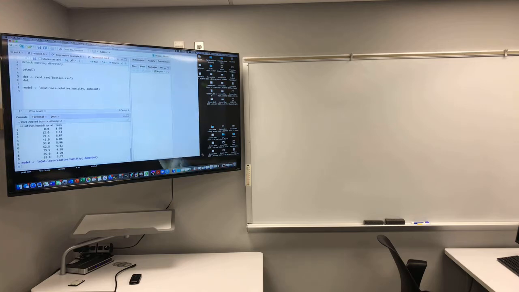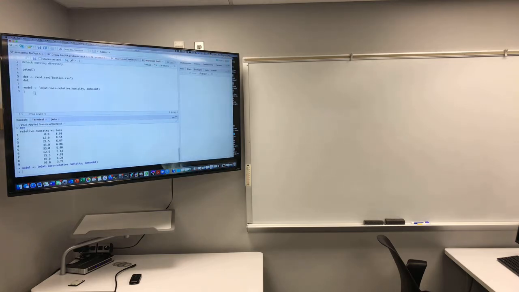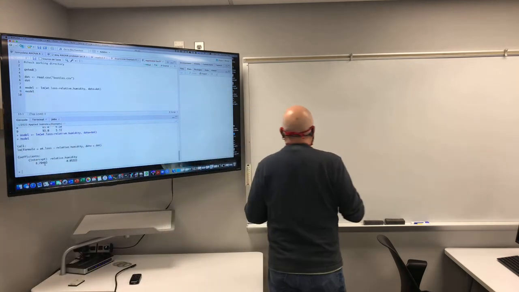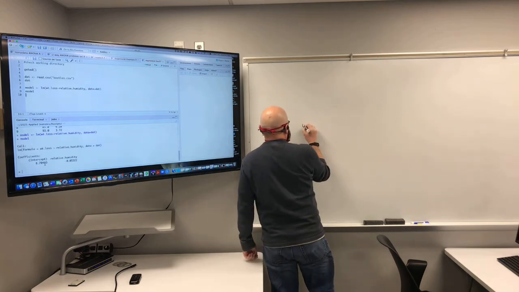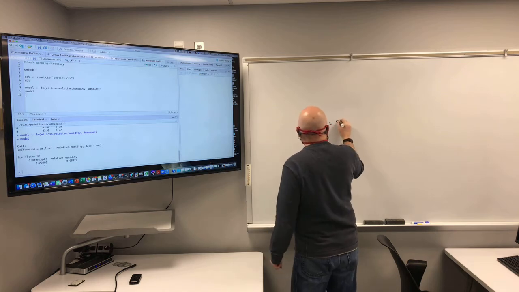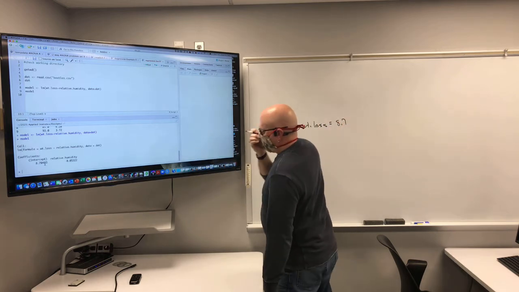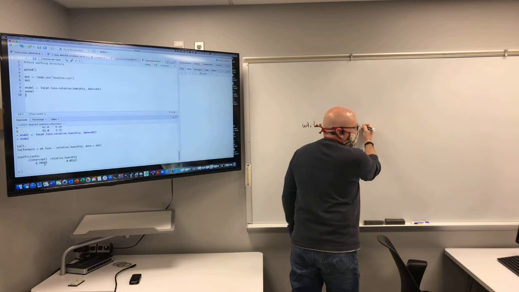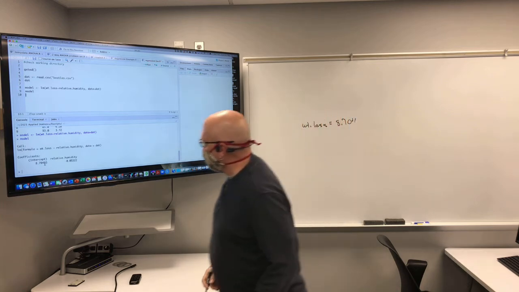Okay. So we could just type in model, and it gives us some stuff. It'll basically give us the equation for the line. So it gives us the y-intercept, and it gives us the slope value, so that we know that weight loss equals 8.704, what is it, 03 or 93?